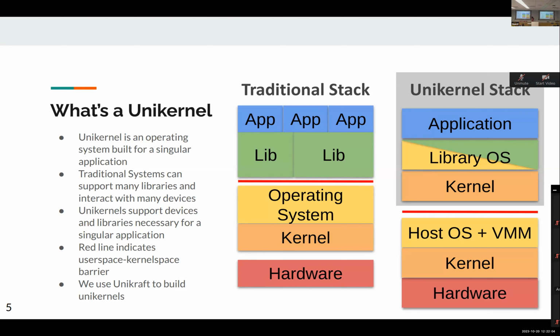In a unikernel, we only support the specific libraries and devices that your application needs. So if your application doesn't need a GPU, then we don't supply a GPU device driver. And this is a little trick that we OS people have done in the past few years to convince people to allow us to make operating systems: we put our funky operating systems on top of virtual machine managers. So we don't force people to change the OS of their system.